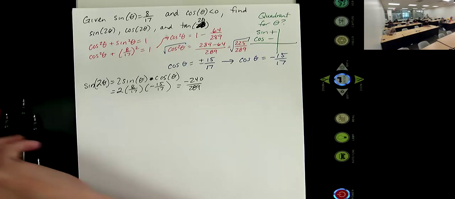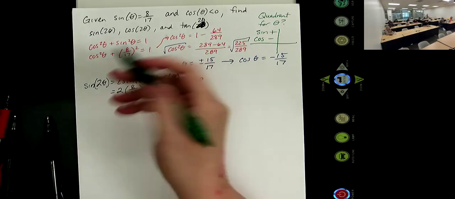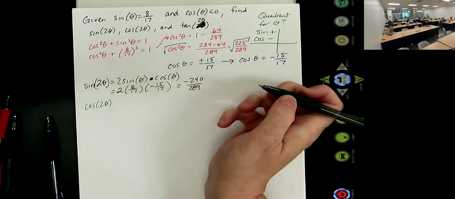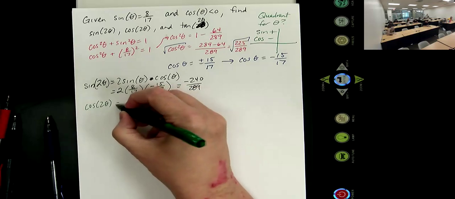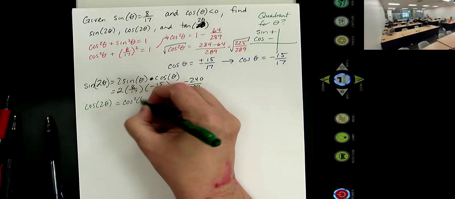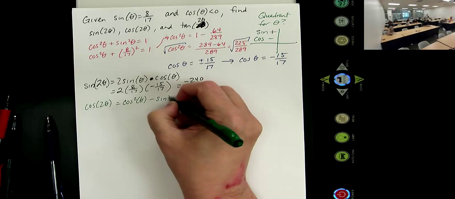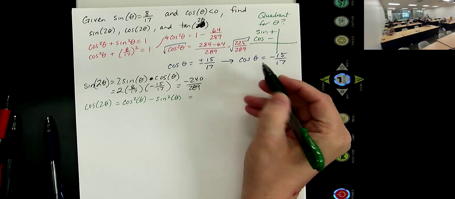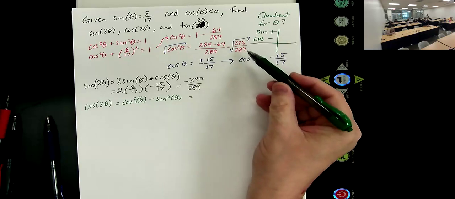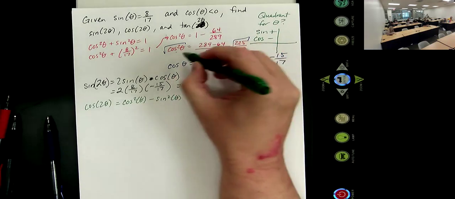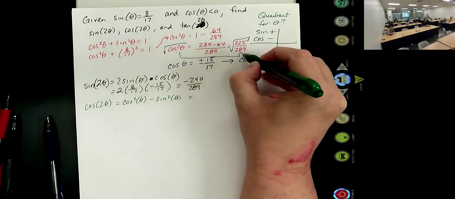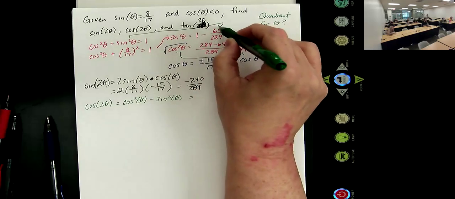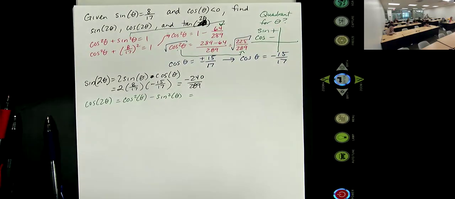Cosine of 2 theta. We can use any of them, but I'm gonna do cosine squared minus sine squared, because I have cosine squared right there and I have sine squared right there, so I already have the math calculated for both of those.